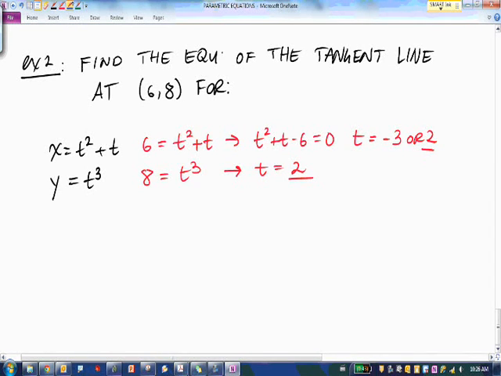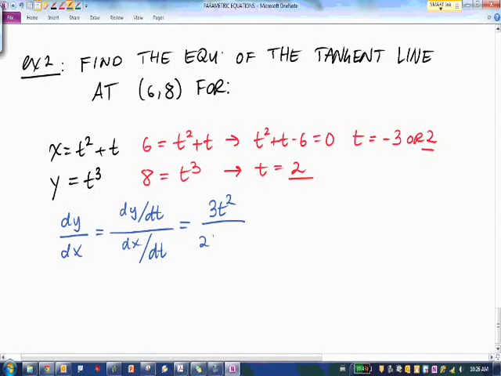The next thing I would have to do is find the slope, so I need to find dy/dx. But keep in mind, dy/dx is just dy/dt over dx/dt. So dy/dt in this situation is 3t squared. dx/dt in this situation is 2t plus 1. And these are being evaluated at t equals 2.